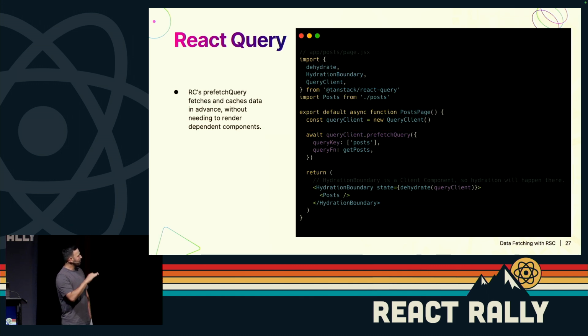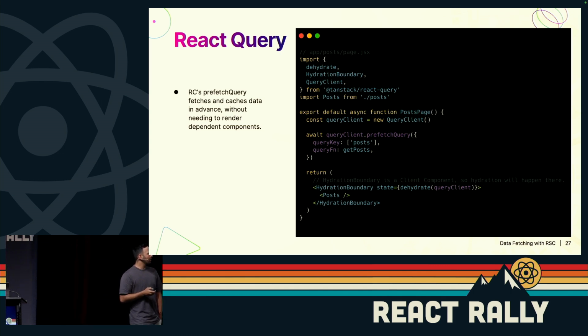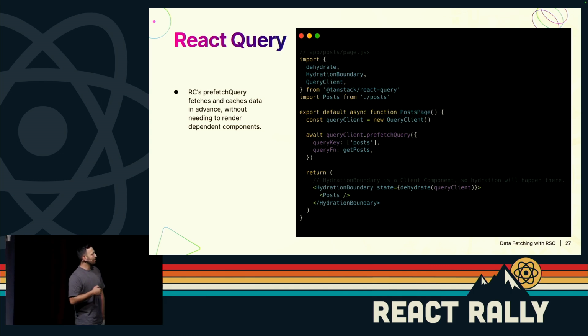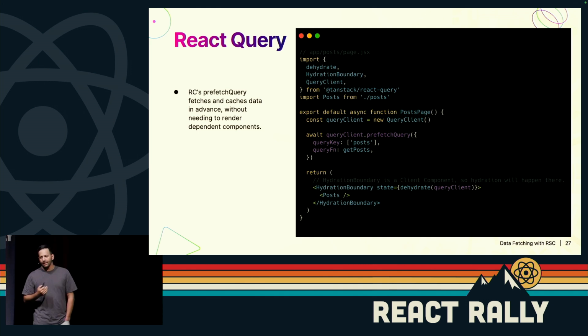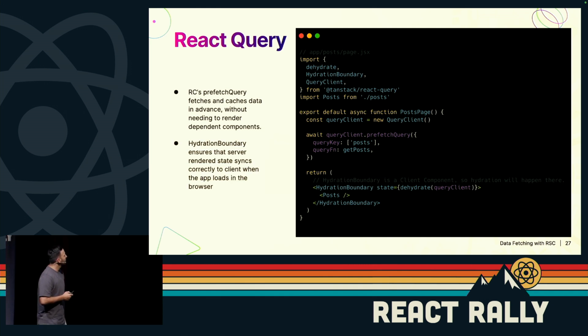But there's some pretty cool stuff you can do with React Query. You can prefetch, as you might be used to just fetching queries if you're using it with the client, but you can do some prefetching inside of client components just by passing it some type of function of what to go get, and then React Query behind the scenes will do all the hard work for you.